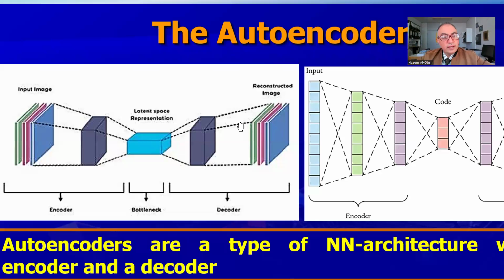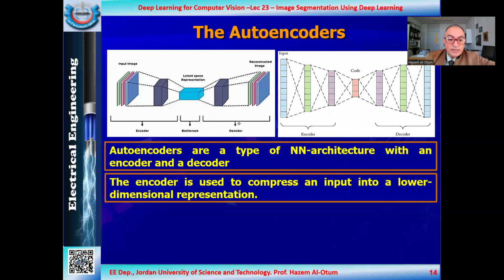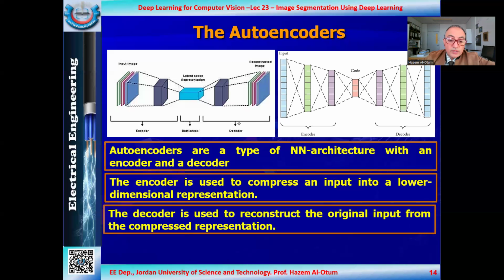So what we can say now is that this is a type of encoder decoder or autoencoder. It's a type of neural network architecture that implements an encoder and a decoder. We said that the encoder is used to compress input into a lower dimension representation with higher feature details and lower spatial details.